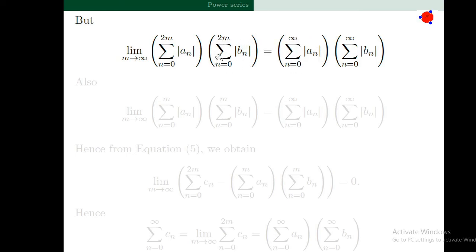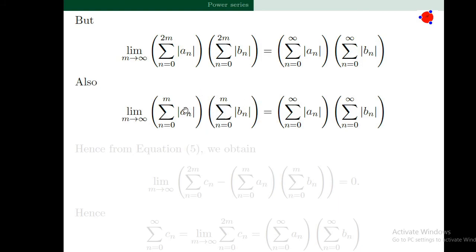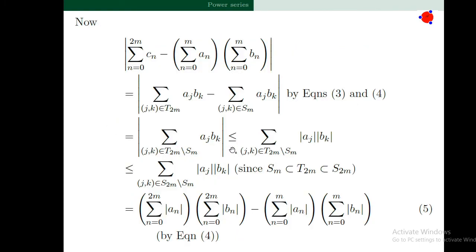Similarly, the limit of the second term also converges to this value. Similarly, the limit of summation n is equal to 0 to m mod an converges to this value, and the limit of the second term converges to this value. Therefore, when m tends to infinity, the right hand side tends to 0.